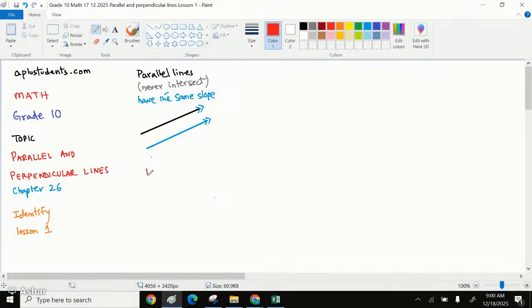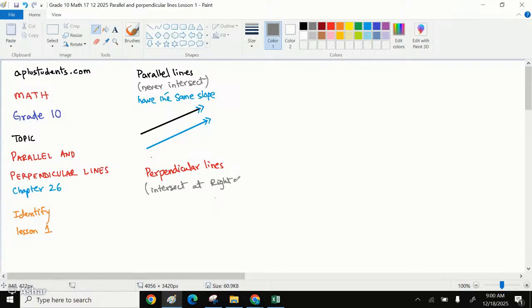In case of perpendicular, let's see perpendicular lines. Perpendicular lines do intersect. They cut each other, but they intersect at right angles.